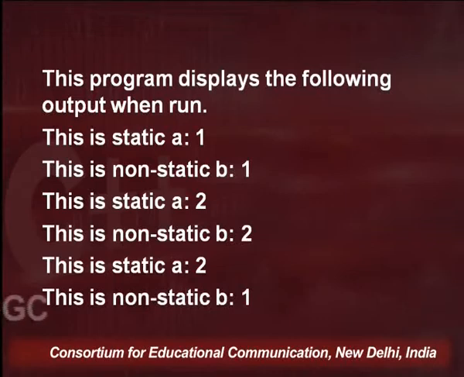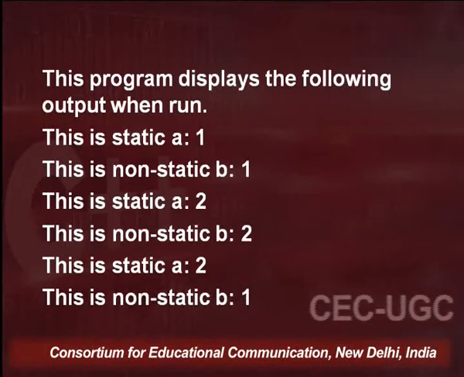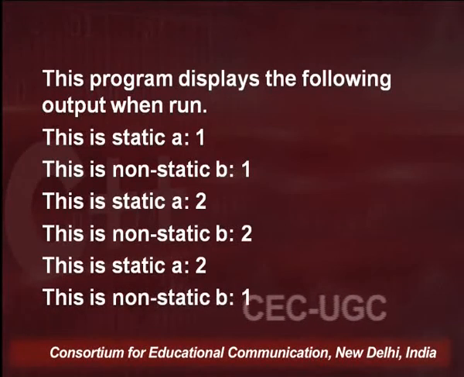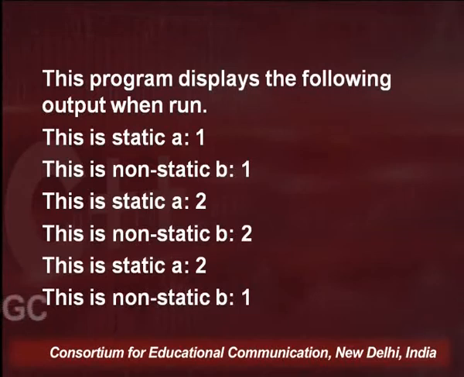Initially x assigned the value of a as 1, then that value was changed to 2 by the object y, and when x displays that value, it gets 2, not 1, because a is a shareable variable between the objects.